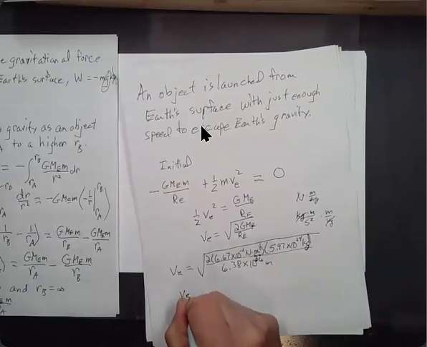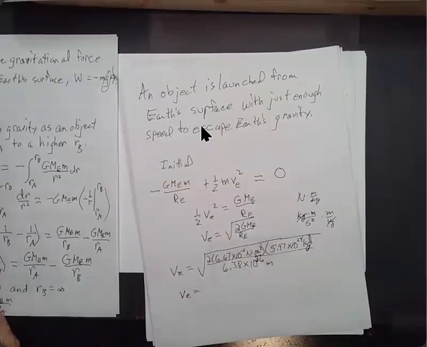So what I get for escape speed is, where did I put my calculator? Buried. Just an arithmetic problem at this point.